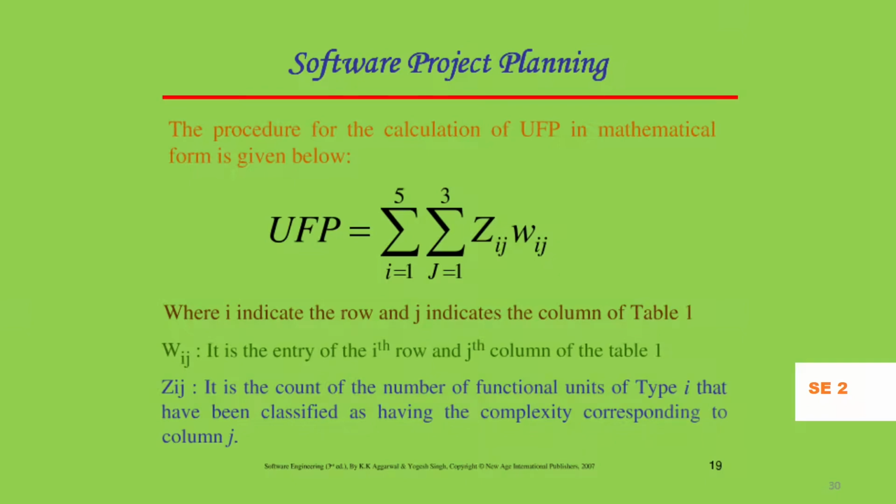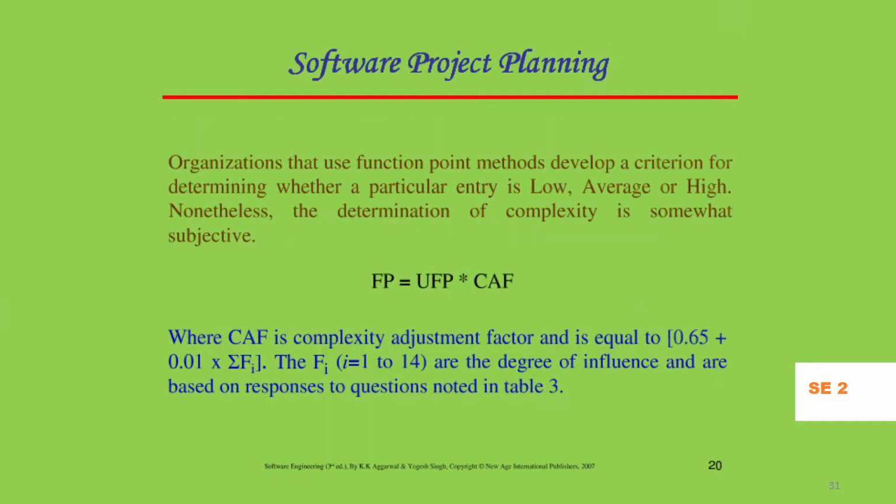We're going to have an example later using this formula. Zij is the count of the number of functional units of type i that have been classified as having the complexity corresponding to column j. So that is our UFP.